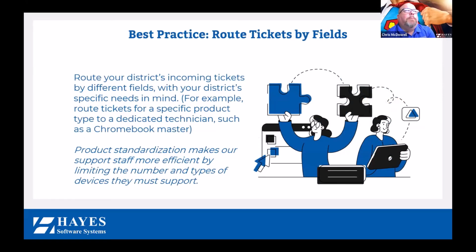Now, we talked before about routing tickets and how easy that is to do. To talk a little bit more about that, we make it very easy to route tickets to a specific technician based on, for example, product type. And information on product type, again, comes from the many different data fields in TipoIT that we track on each and every device.